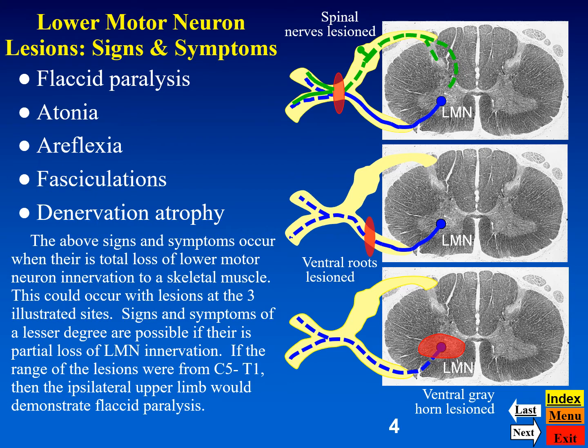And then finally, because the muscle is not functional, the muscle will die and be replaced by fatty tissue, and that's called denervation atrophy, because of the loss of that vital nerve supply to the muscle cells.